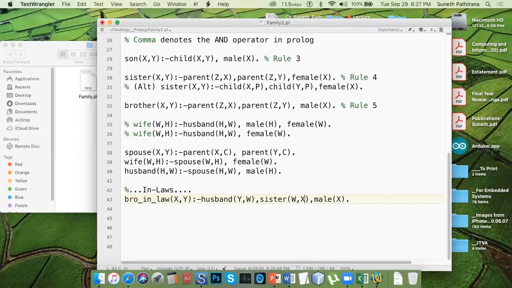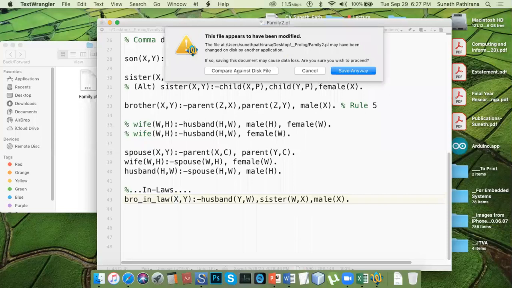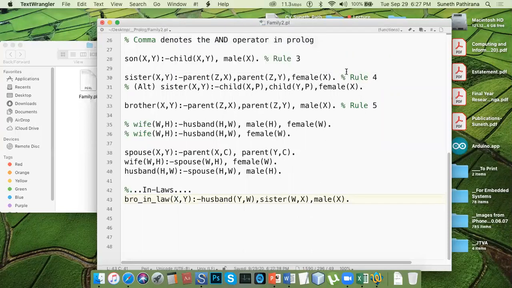X. Okay, sister of X. So X is a male person, and X has a sister. Her name is W. She is W. W is married to Y.